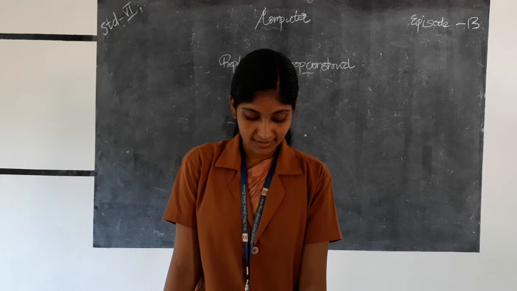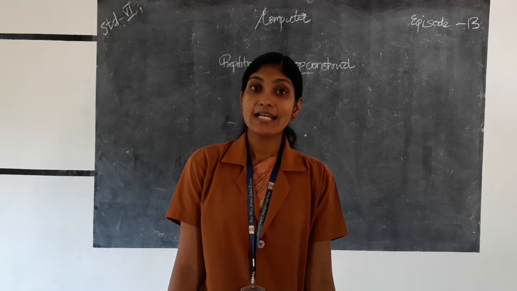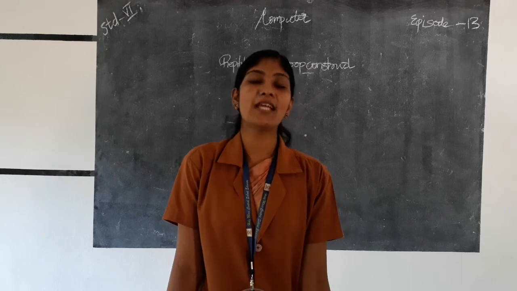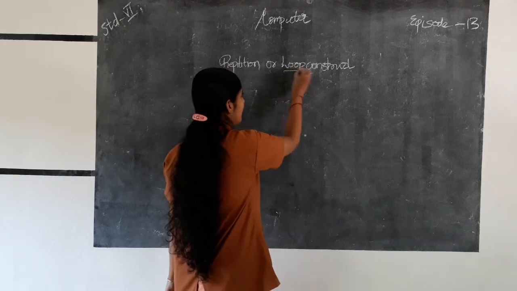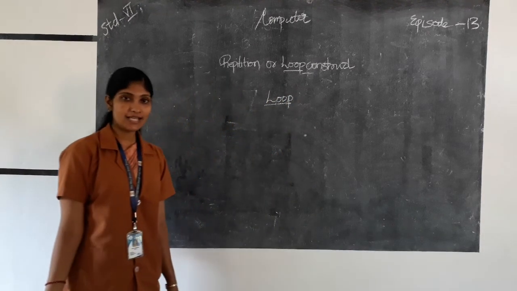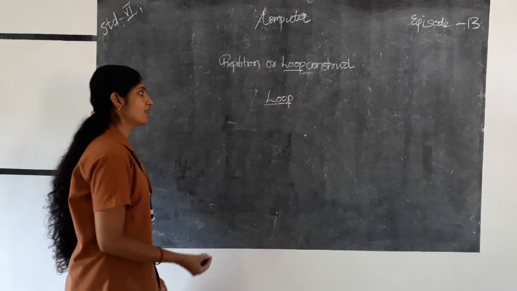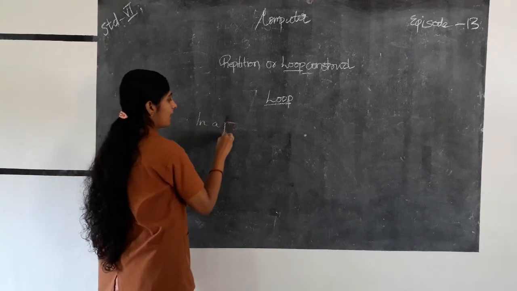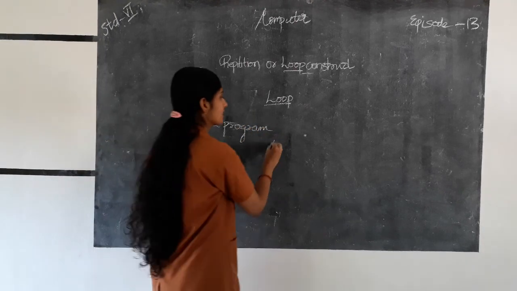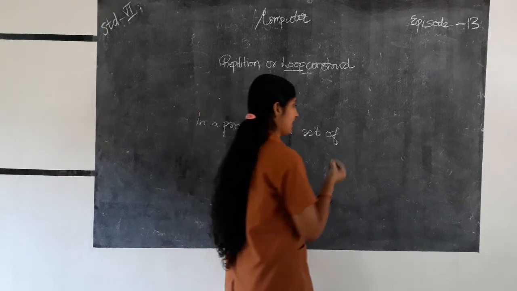In the repetition construct, loops are used. A loop is used to repeat a certain set of commands again and again till the condition is met. So what is a loop? L-O-O-P, loop. Loop means in a program, a set of commands repeats again and again until the condition is met.